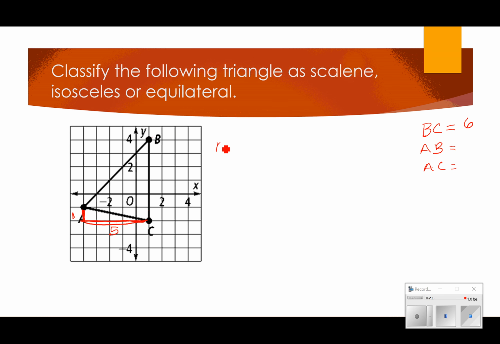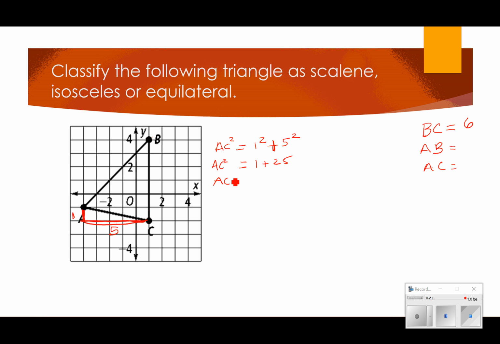So AC squared is going to be 1 squared plus 5 squared. And if you think about it, it really is the distance formula. I'm going to prove that to you at a later date. So AC squared is going to be 1 plus 25.